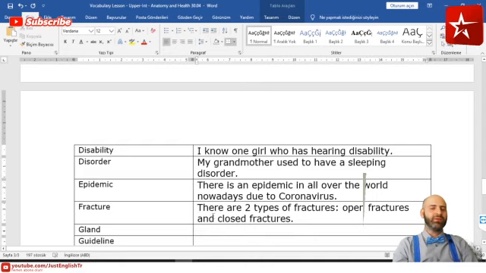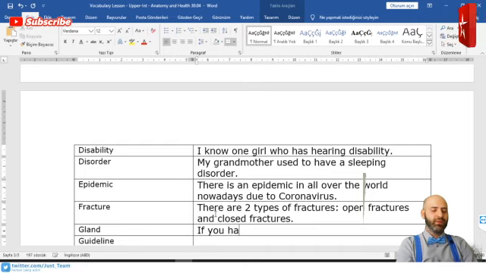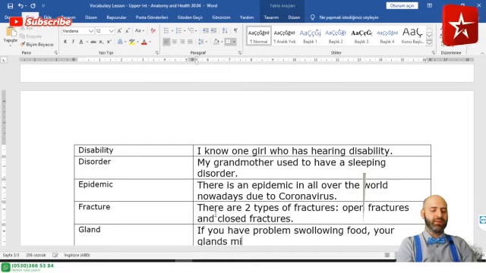And if you have problems sometimes swallowing some food, and if you have sore throat and you think like you can't drink water or you can't eat food, maybe your glands are swollen. If you have problems swallowing food, your glands might be swollen.